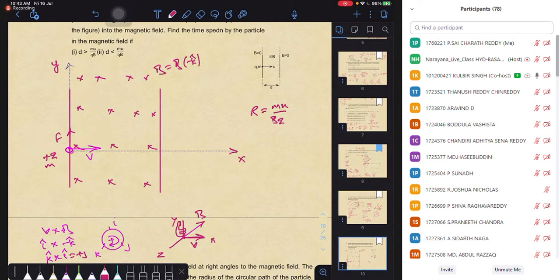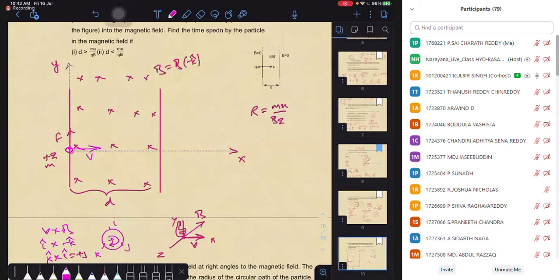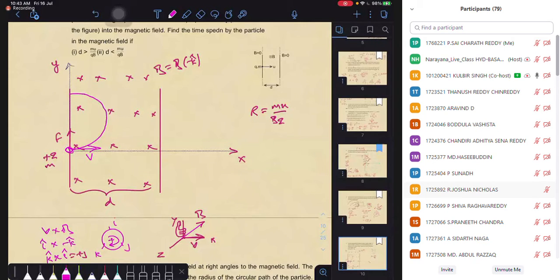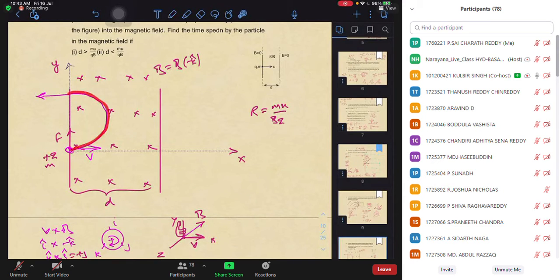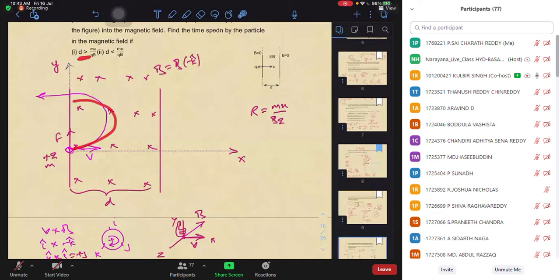This D is the region in which you have the magnetic field. So if my radius is smaller, it is definitely going to make a circle and come out. After making a semicircle, it will come out. So how much time will it spend? T by 2. The first option we already covered in the last class. So in the first option, your time is T by 2.